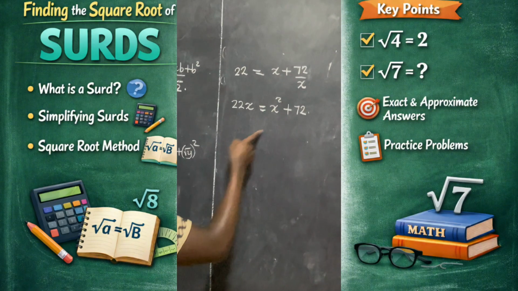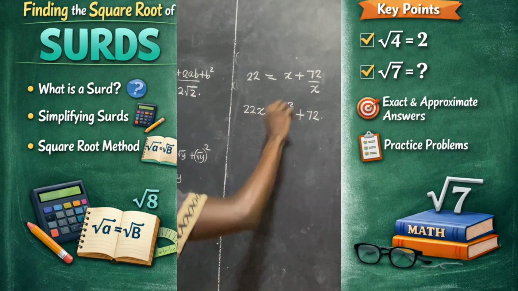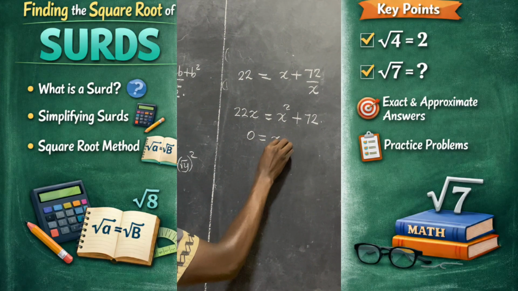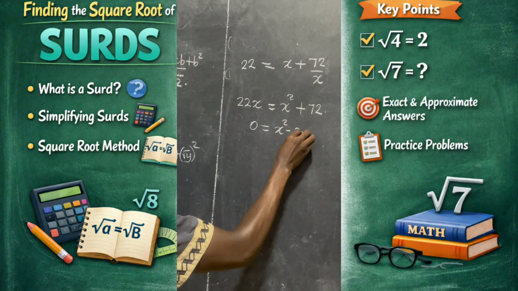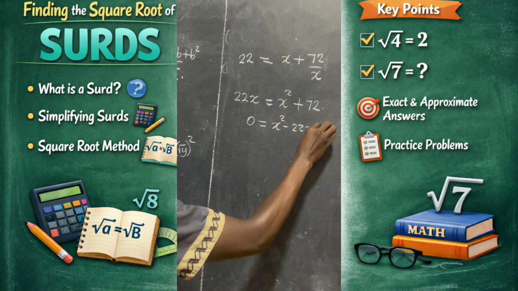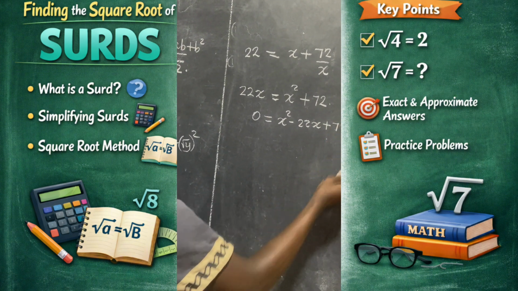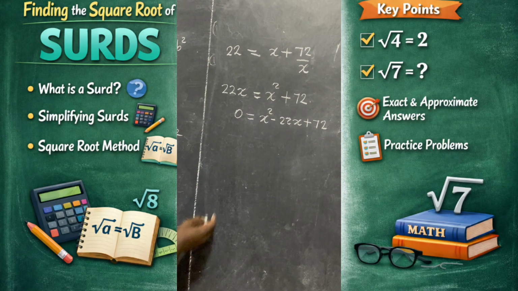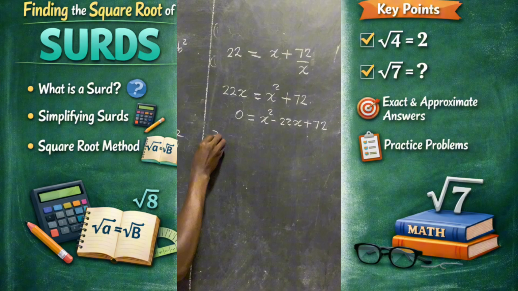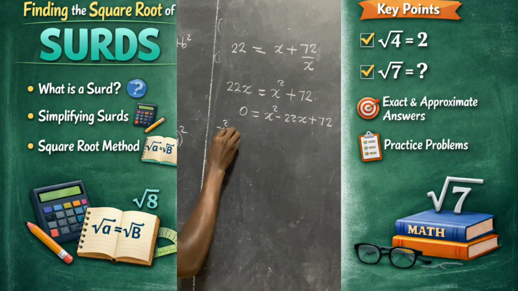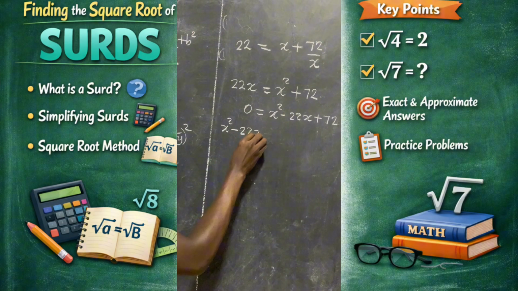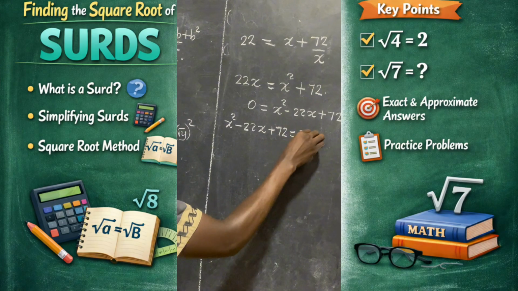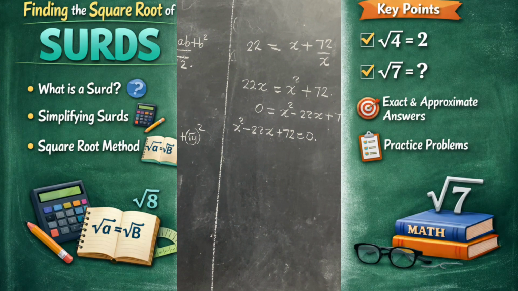Then I have the 22 go the other side, such that I have 0 is equal to x squared minus 22x plus 72. This is your quadratic equation which you can solve simultaneously. Let me write it as x squared minus 22x plus 72 is equal to 0.